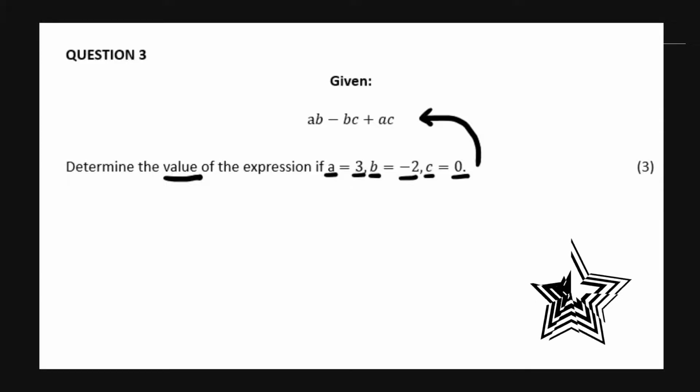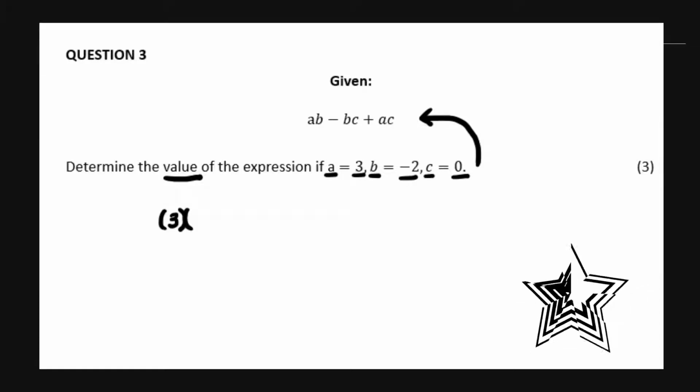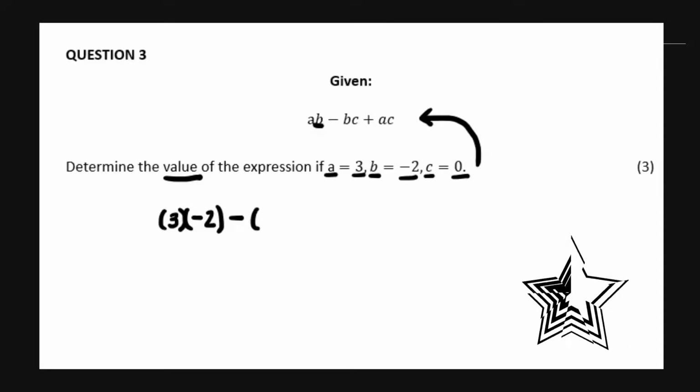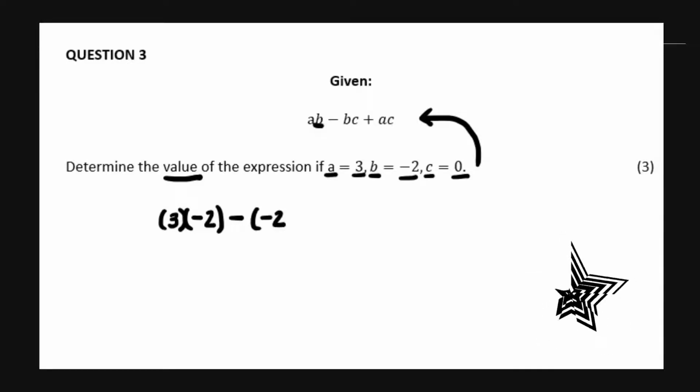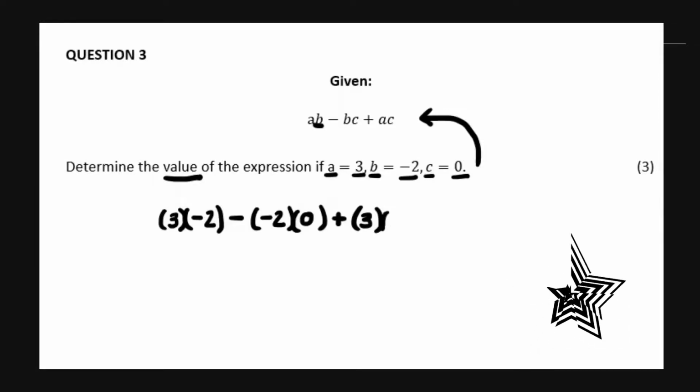Where we have an A, we need to insert a positive 3. Therefore, we would start off by saying 3 multiplied by the next value, B, negative 2, close up our brackets, subtract another B, which is equal to negative 2, and C, which is equal to 0, plus A again, which is equal to 3, and then C again, which is equal to 0.